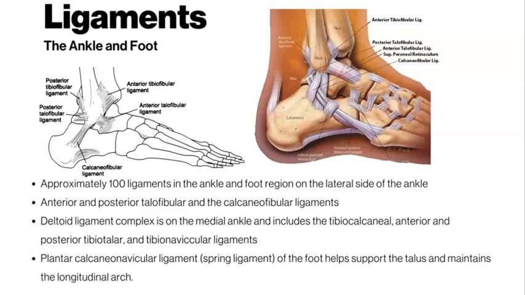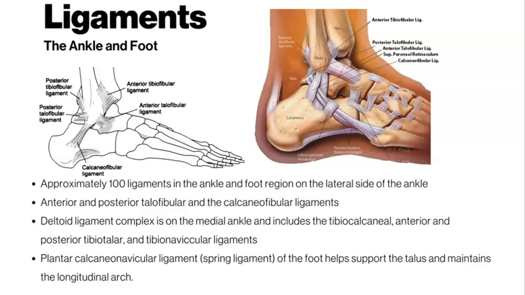Another important part of the ankle and foot for support is the ligaments. The hindfoot is reinforced by strong ligaments that stabilize this important anatomical part. There are approximately 100 ligaments in the ankle and foot region, but we're going to focus on the main ones.